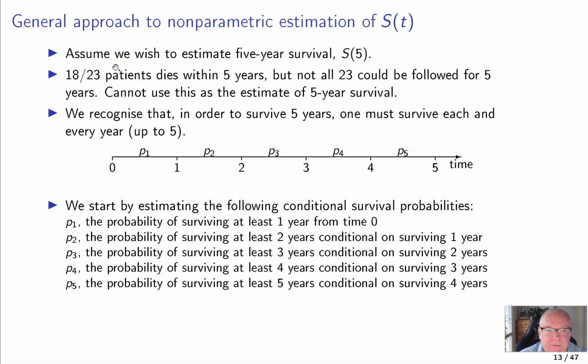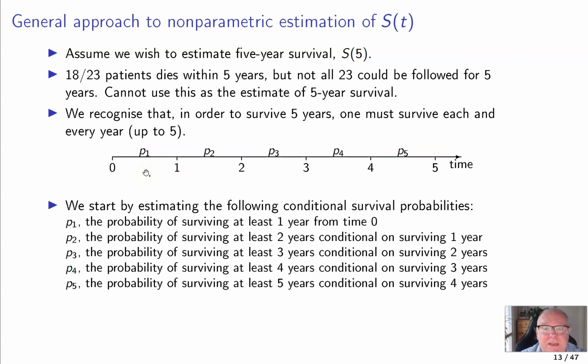and that's not correct. Now, the way we deal with censoring is we chop up the follow-up time into small intervals. So, for example, we can chop up the follow-up time into 1-year intervals and estimate what's the probability of surviving 1 year.